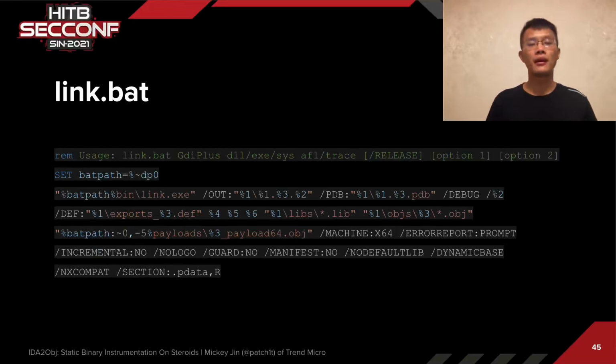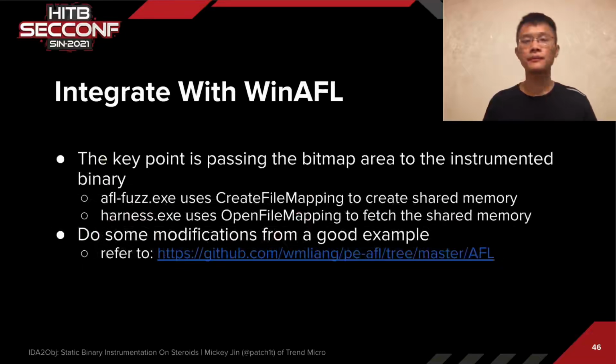Now it's time to integrate with WinAFL. The key point is passing the bitmap area to the instrumented binary. AFL uses the API CreateFileMapping to create the shared memory. Harness uses the API OpenFileMapping to fetch the shared memory.